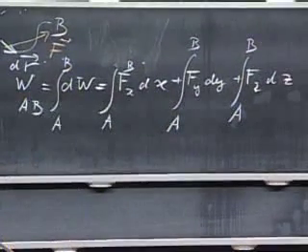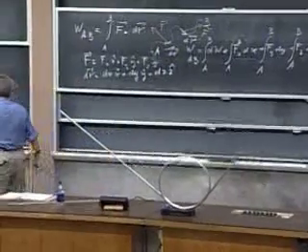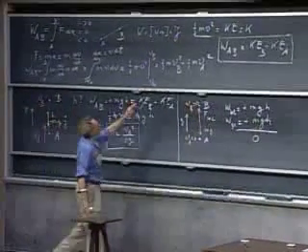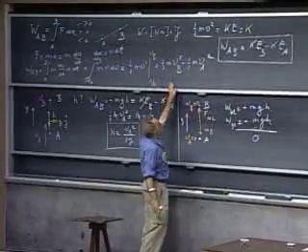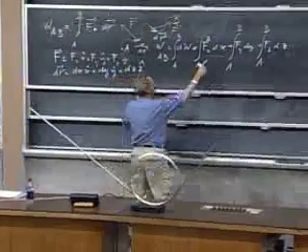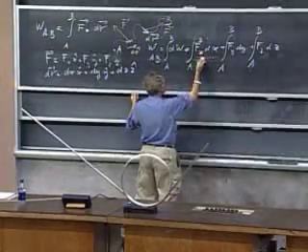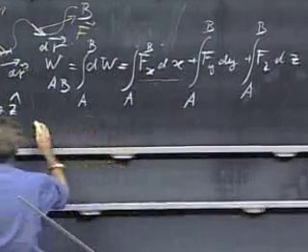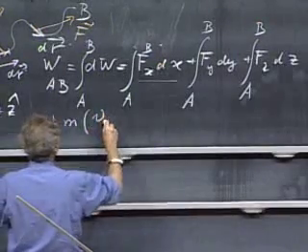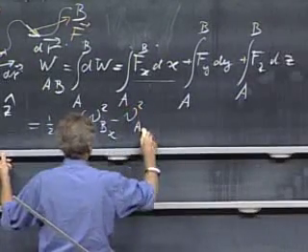Now we're home free because we already did this. This is a one-dimensional problem, and the one-dimensional problem we already know the outcome. The integral F dx we found is 1/2 m vb squared minus 1/2 m va squared, which in this case is obviously the velocity in the x direction, because this is a one-dimensional problem. So we have 1/2 m vb squared, this is the x component, minus va squared, and that is the x component.